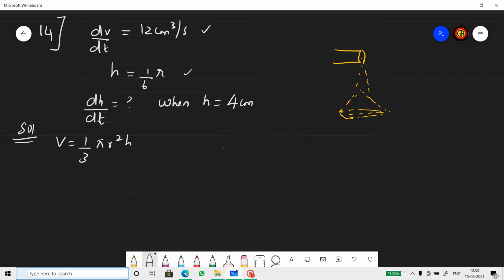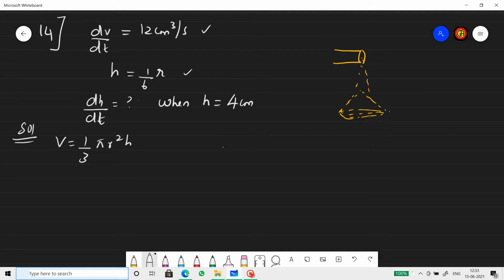Since nothing else is said and they've given dV by dt as 12 centimeter cube per second, it's differentiation with respect to time. Now, 1/3 pi is a constant. R and h definitely will vary, because in the diagram, as the amount of sand increases, the base increases and height increases. So radius and height will change. So somewhere we should know the info of dr by dt, isn't it?